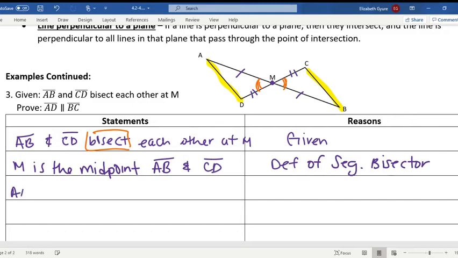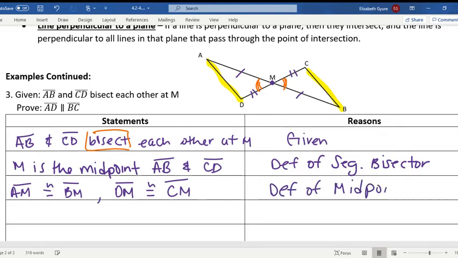Segment AM is going to be congruent to segment BM. And then I'm going to do it in the same step. You could do it in 2 if you wanted. You just might need an extra line. And then we're going to say that segment DM is congruent to segment CM. And that is the definition of a midpoint. Do I have you guys so far? Okay.